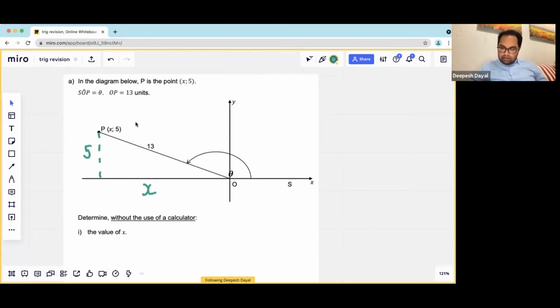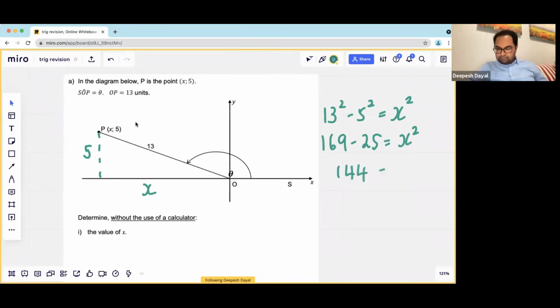Okay, so 13 squared minus 5 squared equals x squared. And you've got 169 minus 25 equals x squared, which is 144. And we've got the square root of 144 is equal to x, which is 12.